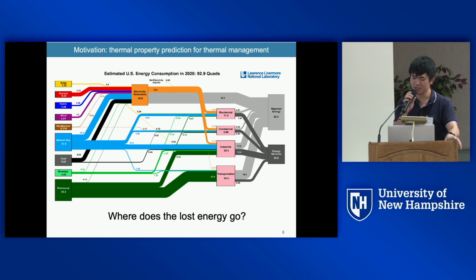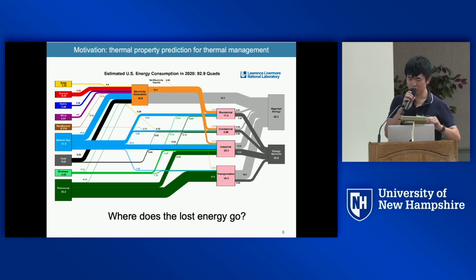It's well known that most of the electricity generated by power plants is finally lost as waste heat. So in order to reduce this loss, we need to find an efficient way to manage heat energy.